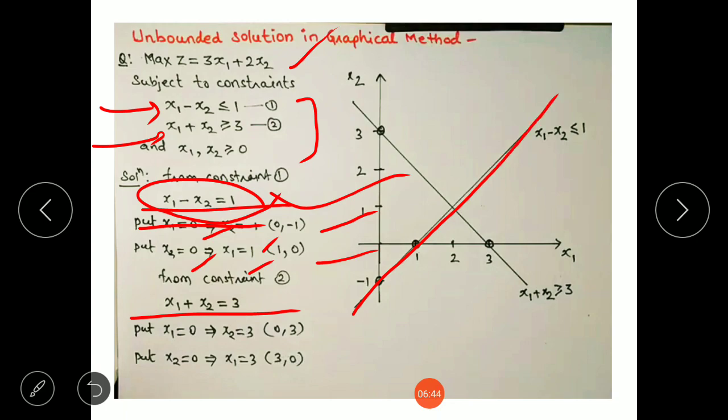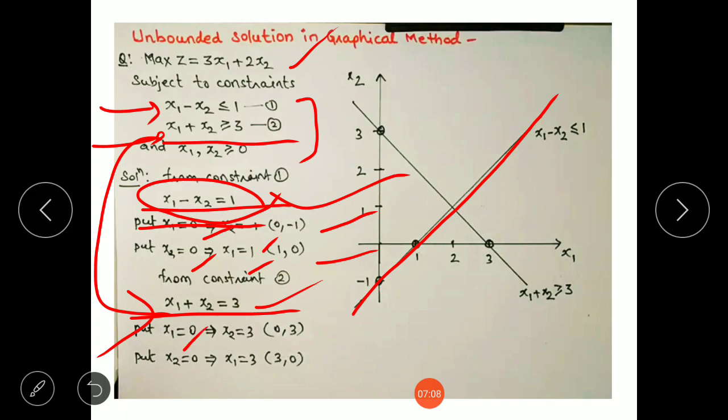Similarly, we'll plot the inequality constraint x1 plus x2 greater than or equal to 3 on the graph. For that, first we need to draw the line, and then we'll plot the region. Converting this inequality constraint into the equation form, that is x1 plus x2 is equal to 3, we'll find the set of points for x1 and x2 which satisfy this equation.